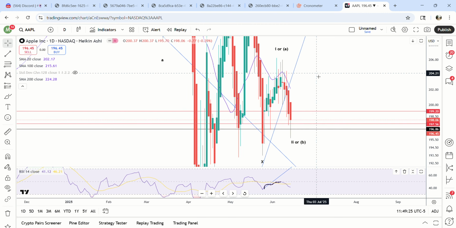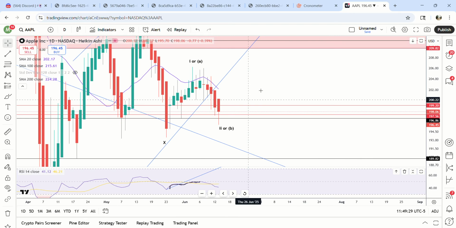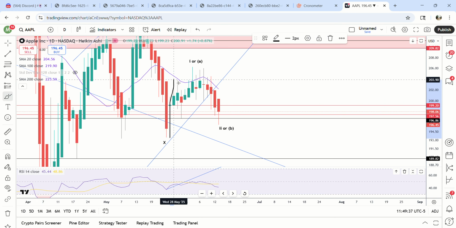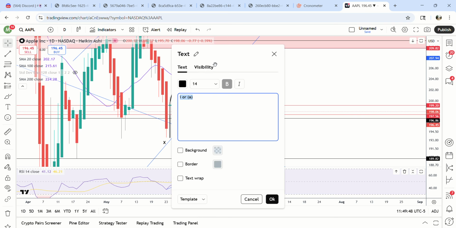So yeah, this is probably, in my opinion, a diagonal. Because you can see here, momentum slowed right there. And you can see 5 waves. We had a truncated wave 5 here. 1, 2, 3, 4. 5th wave doesn't make a new high. So I'm going to label this wave 1. I don't think that wave A makes that much sense. Let's just do wave 1.